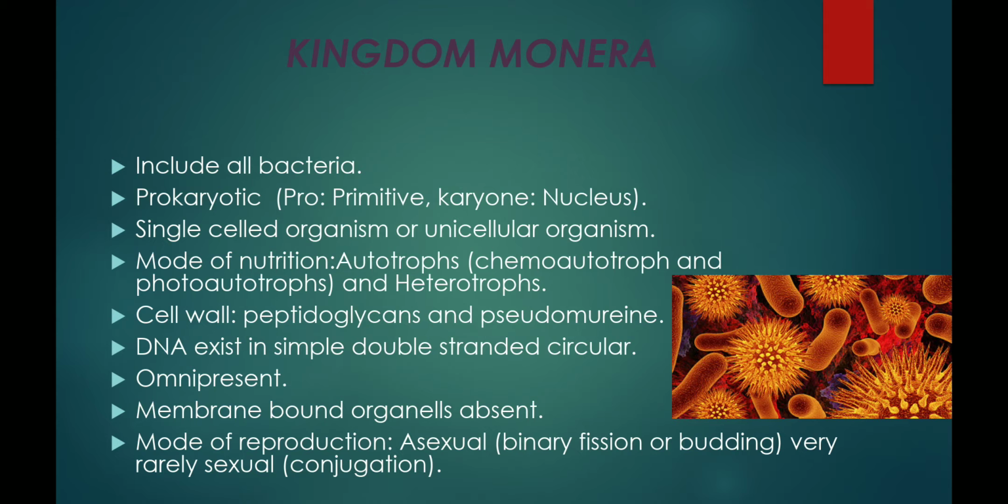Basically, there are two types of bacteria, that is Archaebacteria and Eubacteria. These bacteria are differentiated into two types because of their cell wall. The DNA exists in a simple double-stranded circular form. They are omnipresent, that means they are found in all types of environment.